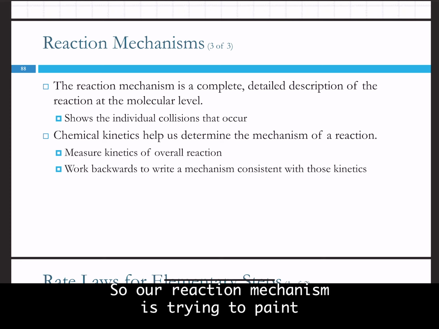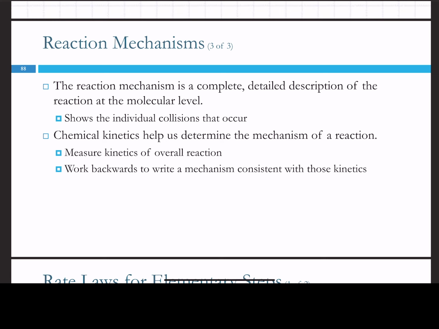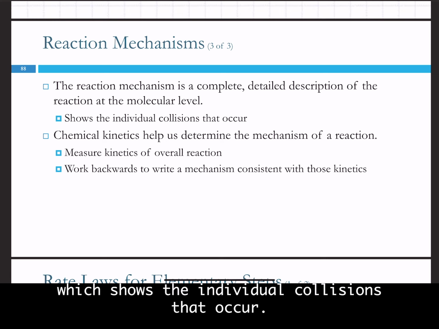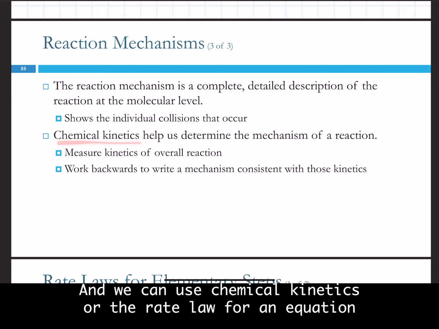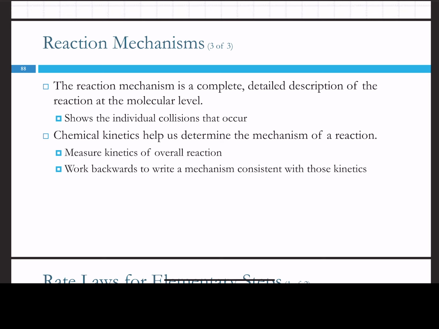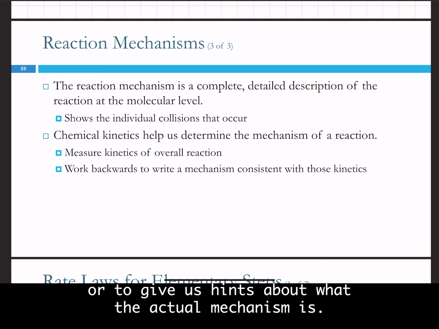So a reaction mechanism is trying to paint the entire picture of what is happening in the reaction. It should also correspond to our rate law. It shows the individual collisions that occur, and we can use chemical kinetics or the rate law for an equation, which is determined experimentally, to figure out if a mechanism is correct or to give us hints about what the actual mechanism is.